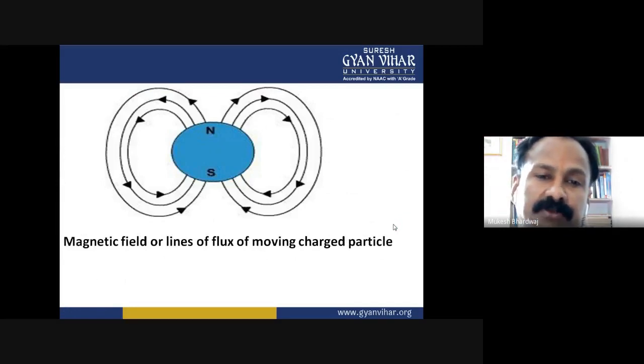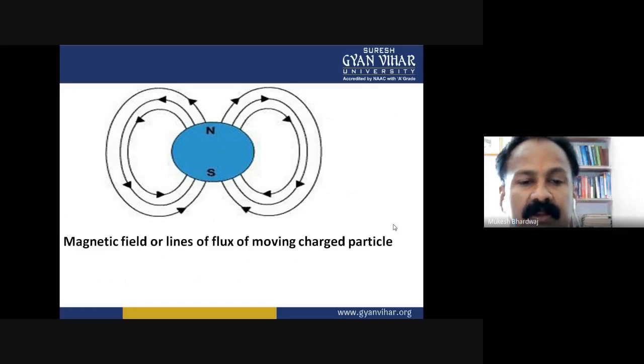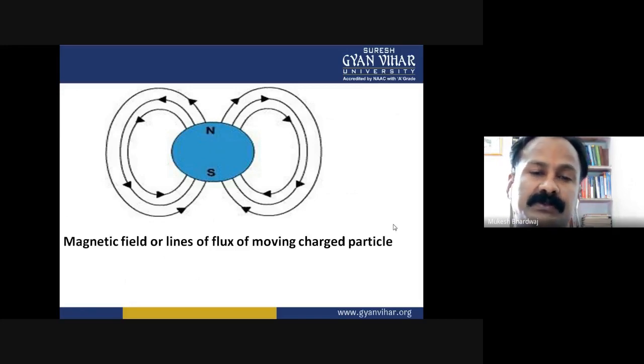The diagram shows the magnetic field or lines of flux. Lines of flux are imaginary lines, and by the help of the Biot-Savart law experiment, we come to know that there is a magnetic effect.